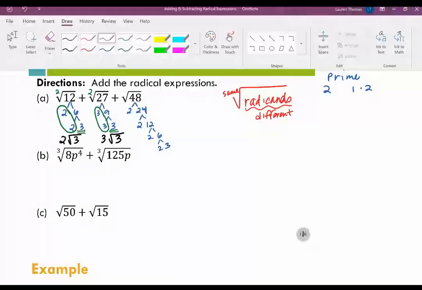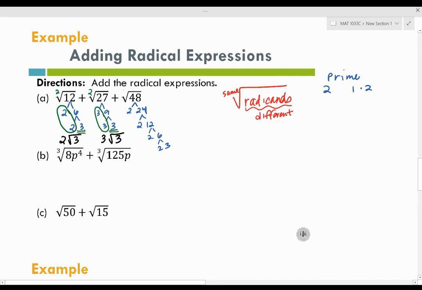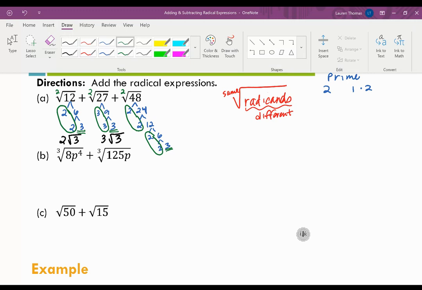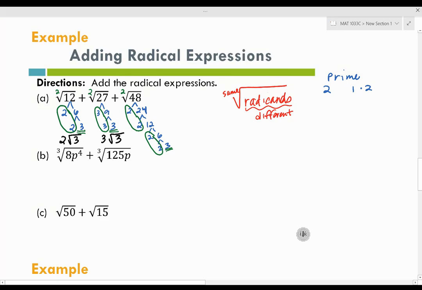Just like the other ones, we're dealing with a square root, so the index is 2, which means our prime numbers can come out in pairs. We have a pair of 2s here, a pair of 2s here, and this 3 doesn't have a partner, so it has to stay underneath. For this one we have 2 sets of pairs, so when you pull them out, you multiply them together. 2 times 2 is 4 square root of 3.